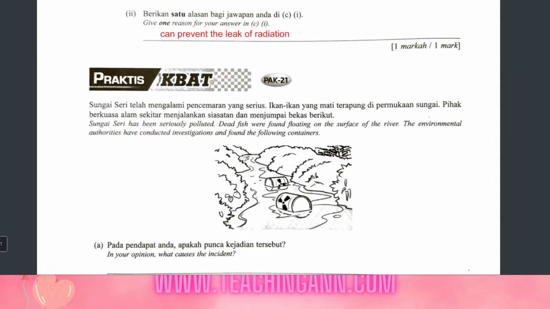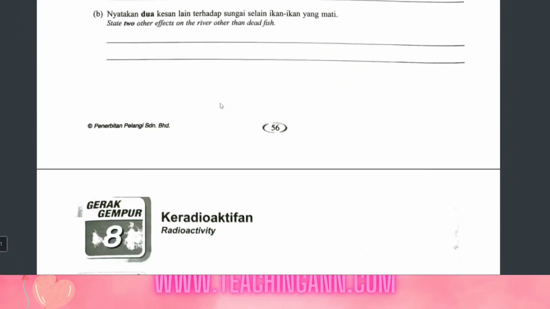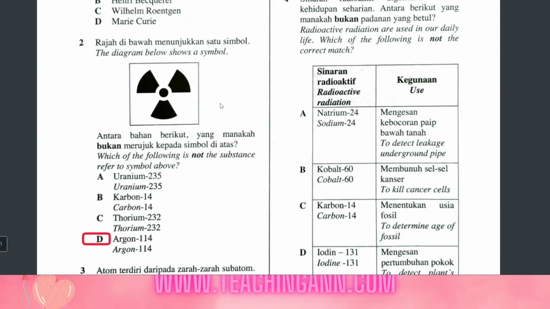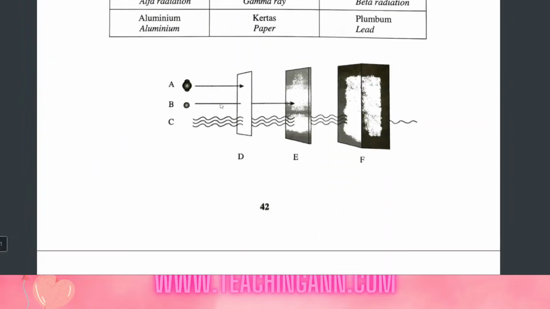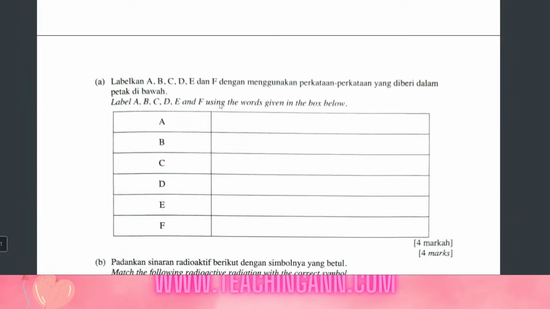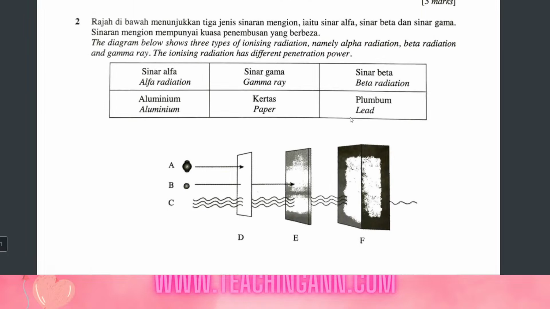Okay, good, next. This one wrong, right? Label A, B, C, D, E using the words given in the box below. A is what?